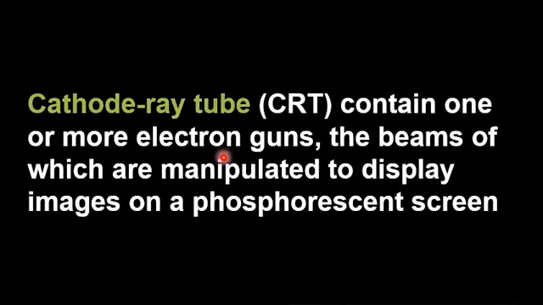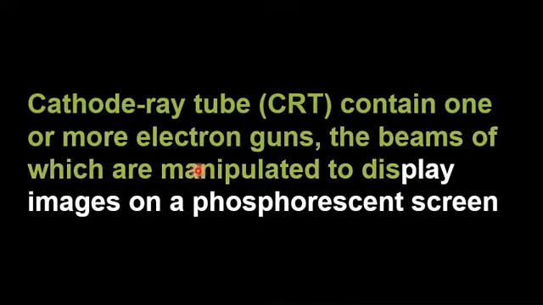Cathode ray tube contains one or more electron guns, the beams of which are manipulated to display the image on the phosphorescent screen. So a cathode ray tube has one, two or even more electron guns. And dear student, what do you think? What is an electron gun? An electron gun is a device which produces a stream of electrons through thermionic emission.